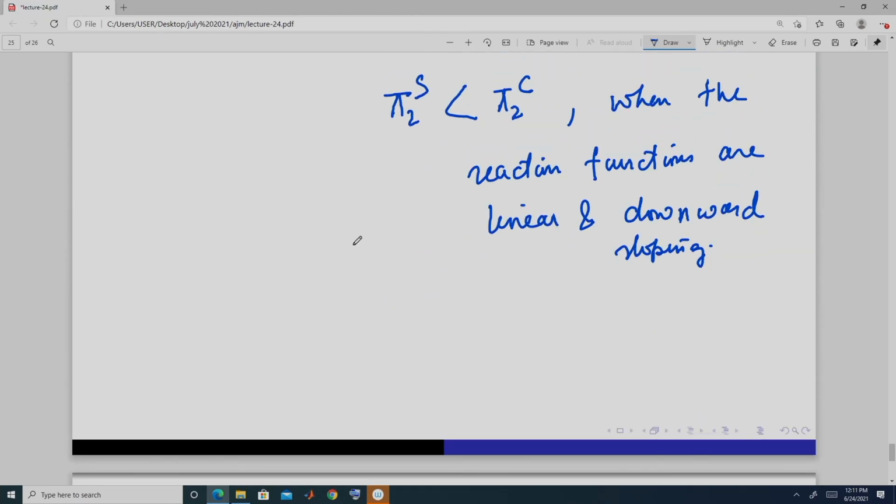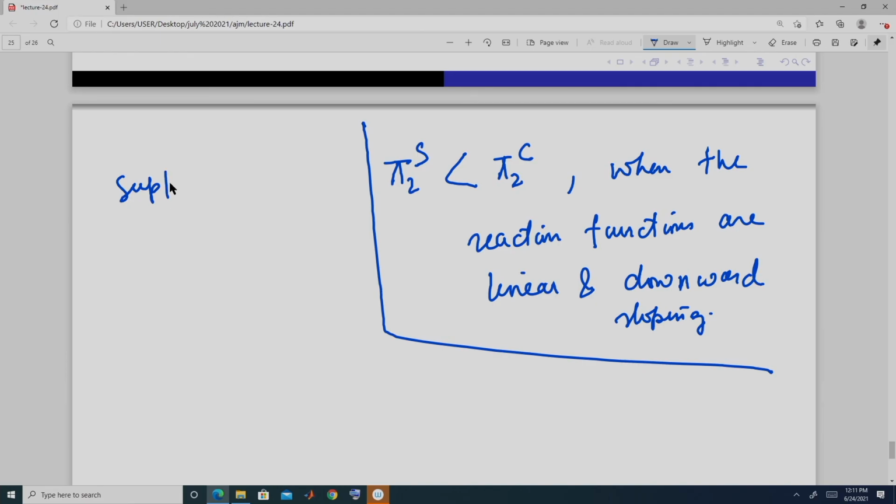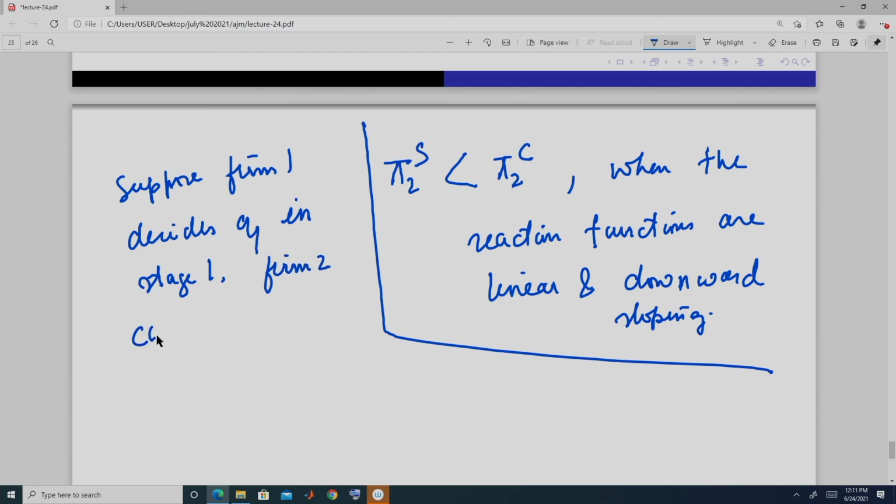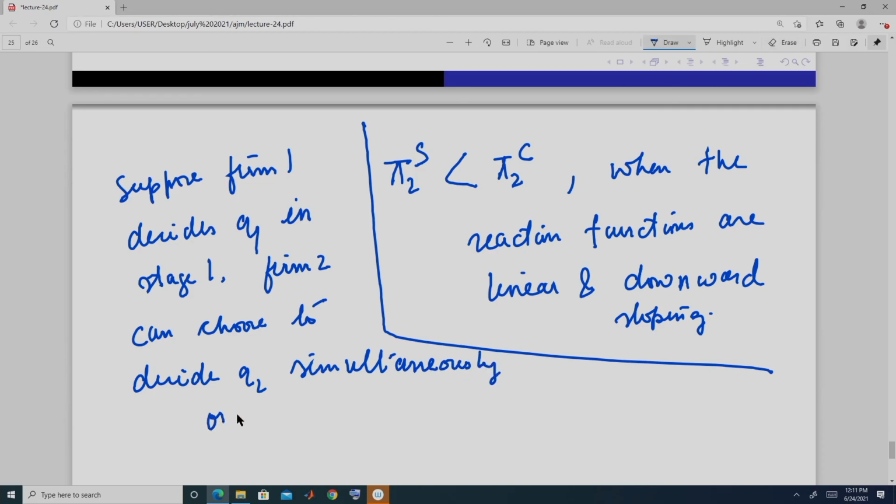because the second mover is at a disadvantage. So, if we write the problem this way, suppose firm 1 decides Q1 in stage 1, and firm 2 can choose to decide Q2 simultaneously or sequentially.